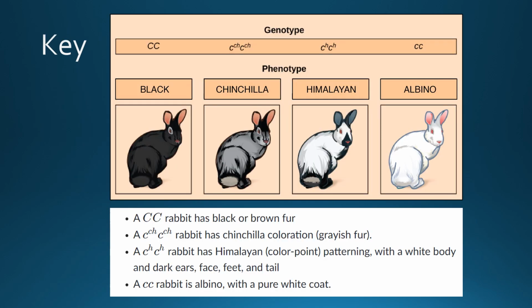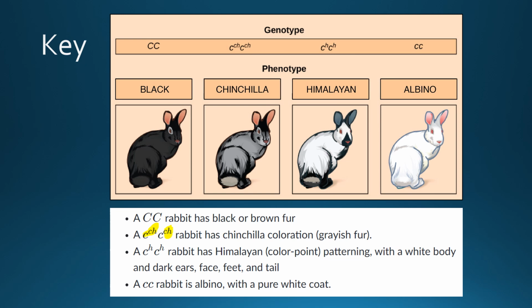However, it's these little superscripts that make a difference between the two. I can have a homozygous recessive rabbit that has these little CH superscripts up on top, and that's going to give me a gray rabbit, or a blend of the two, or incomplete dominance.